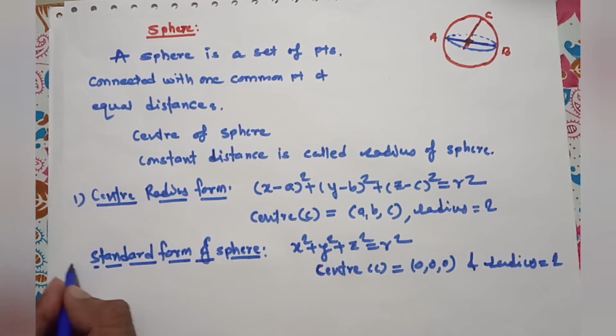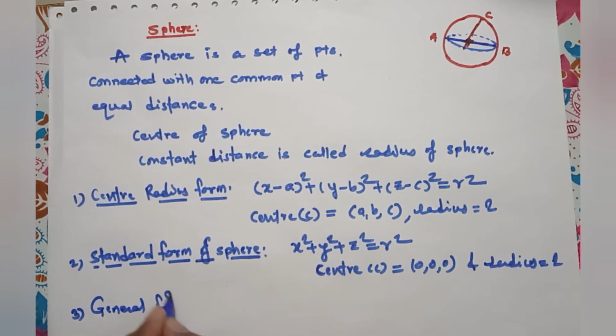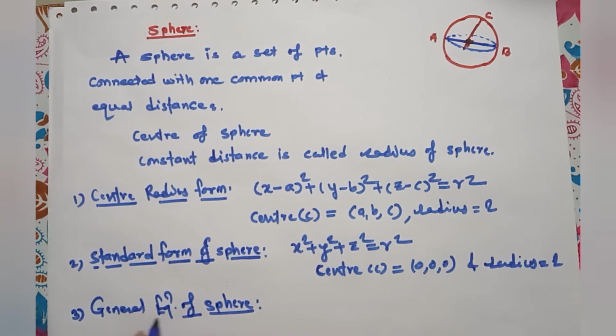The third form is the general equation of the sphere. So what is the general equation of the sphere?